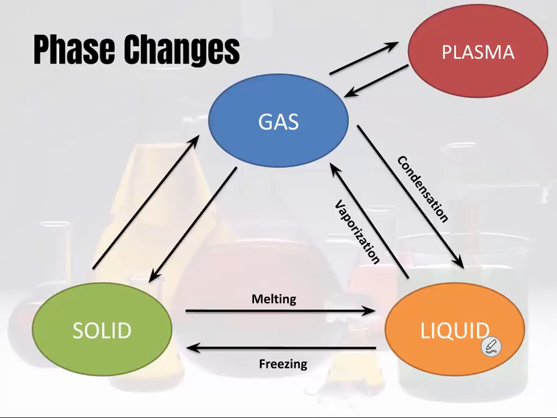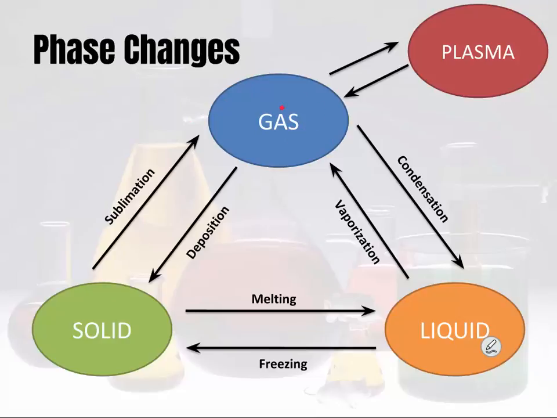Some of the more unfamiliar ones: sublimation, going from a solid to a gas. That occurs in dry ice, thus the name dry. It doesn't go to the liquid state. It goes directly from solid dry ice, carbon dioxide, into the gas form of CO2. We can also go in reverse.